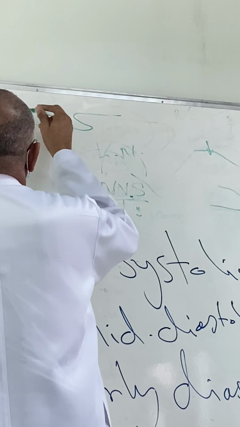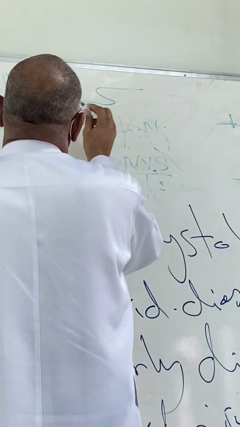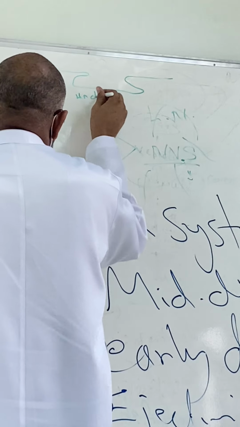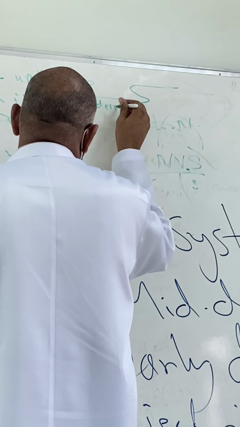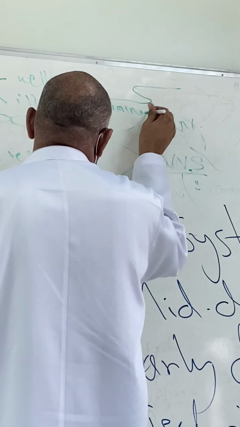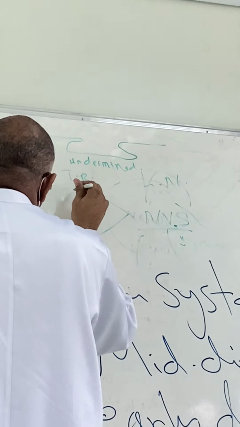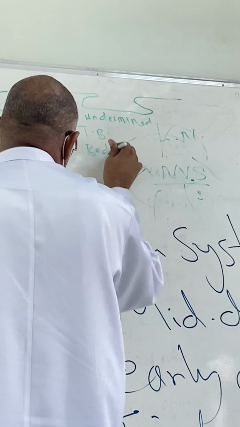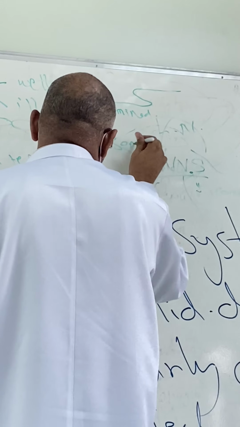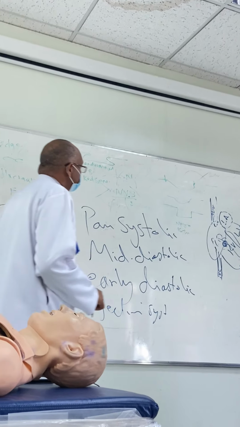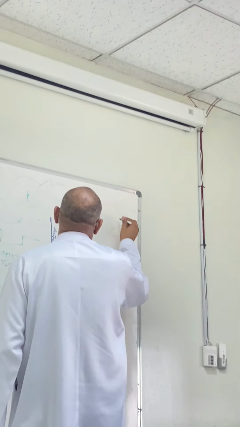The skin is like a shelf, which is called undermined. This is a feature of TB ulcers and bed sores, which are pressure ulcers. And we have rolled edges, like in basal cell carcinoma, the edge has this shape.